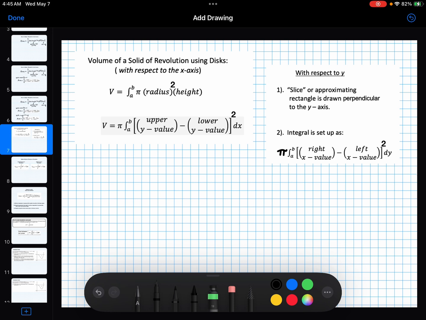There should be a pi in front of this one over here. And this is used primarily when your line of revolution is a boundary of the region. If there's no gap, no open space between the region between the two curves you're talking about and the line of revolution.